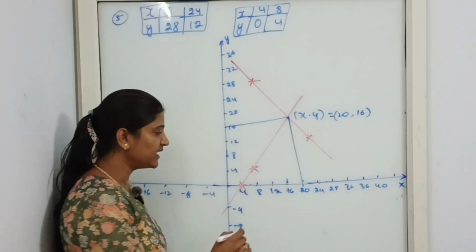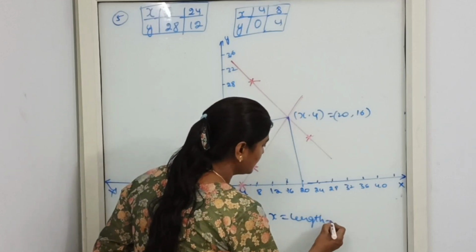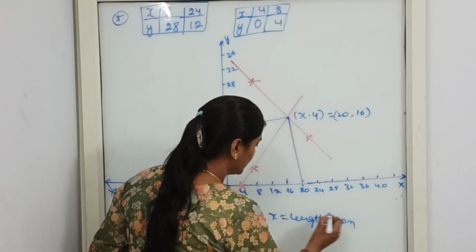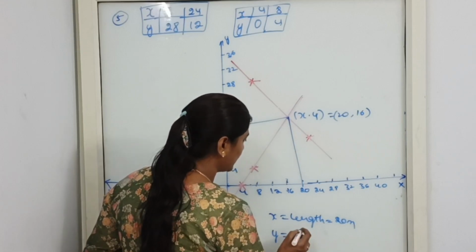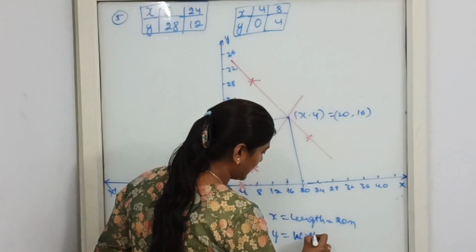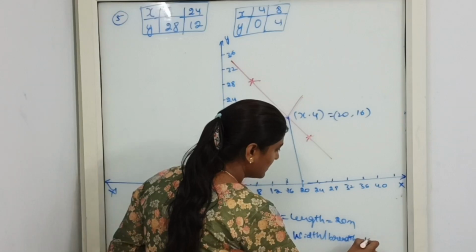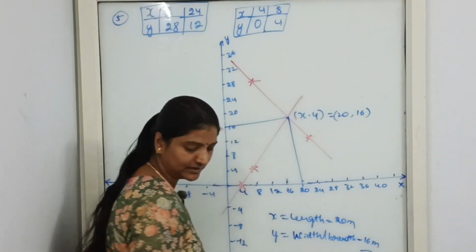Here initially what we considered x? X is length. So length is how much? 20 meter. And width or breadth is how much? Width or breadth, both are the same here, okay? Width or breadth, that is 16 meter.